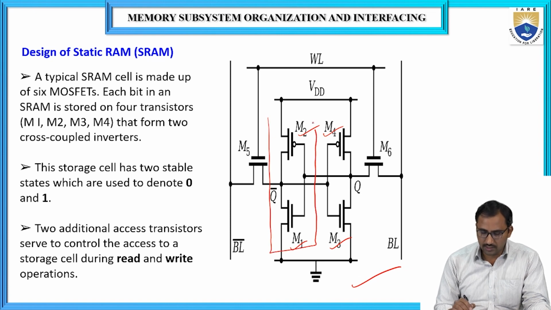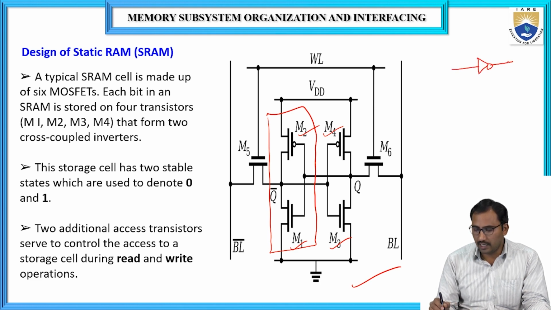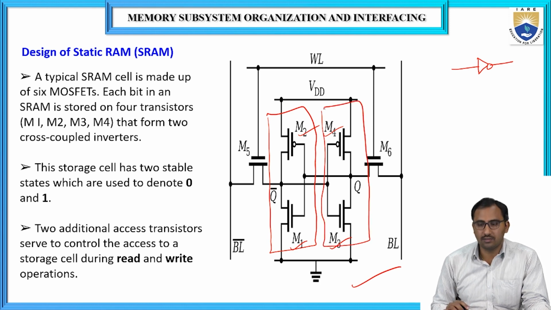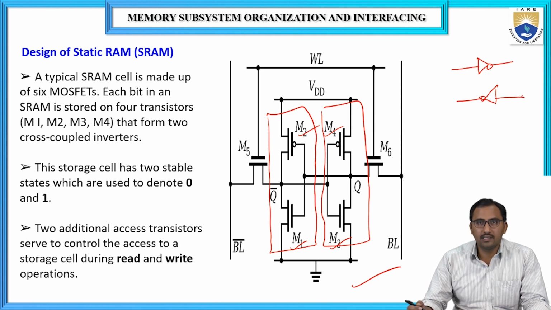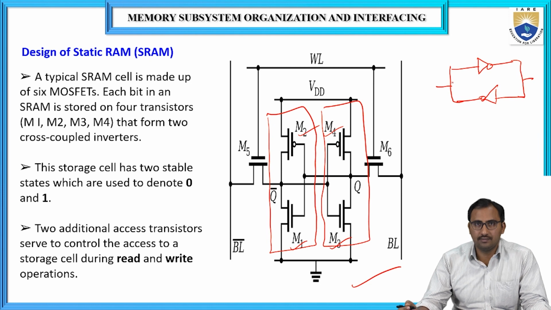If you look into this, it is a CMOS NOT gate, and this is another CMOS NOT gate. These two NOT gates are connected in a cross-coupled manner. That means the output of one is given to the input of the other gate.